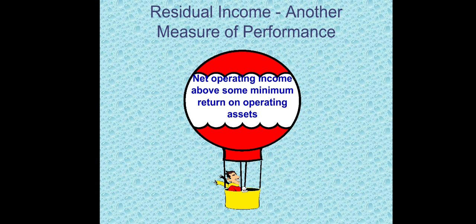In the previous lecture, I have explained about return on investment. If a business uses return on investment or ROI to evaluate performance of a segment or segment manager, then the business has to set a certain percentage of return on investment. If the manager performs better than the percentage set by the business, then we can say that the manager is performing well.